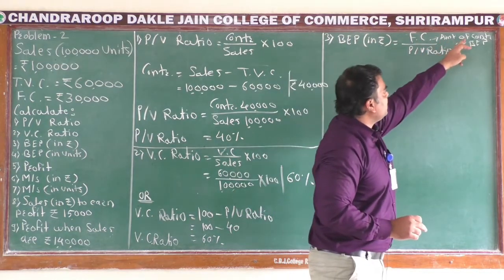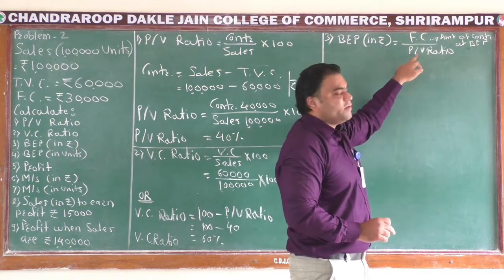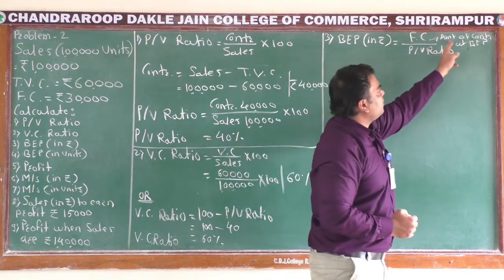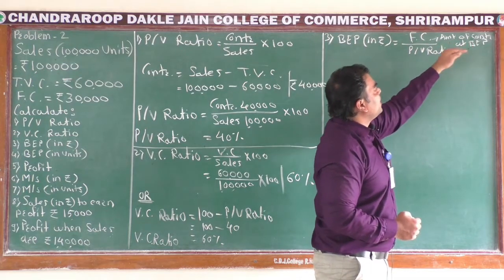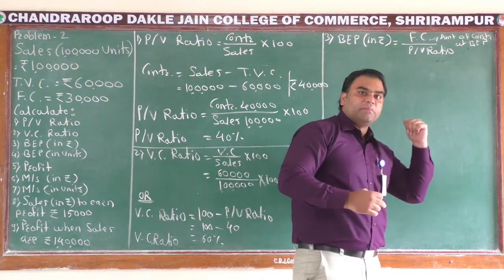So contribution at BEP level divided by PV ratio, which means contribution to sales ratio or contribution ratio, is equal to sales at BEP level.